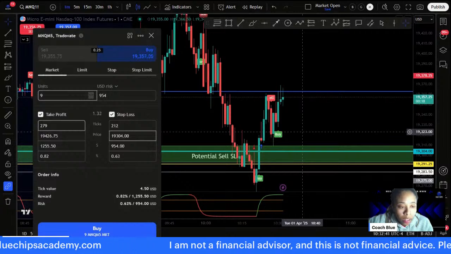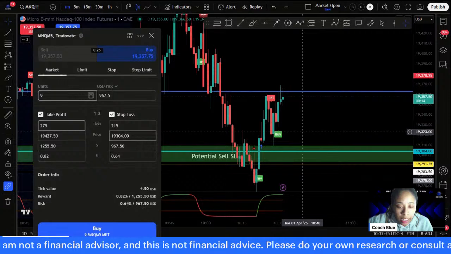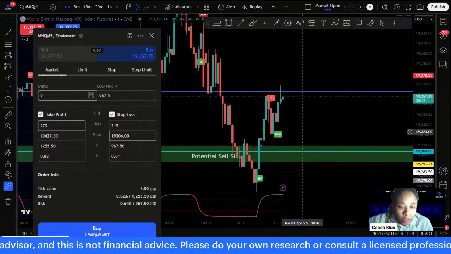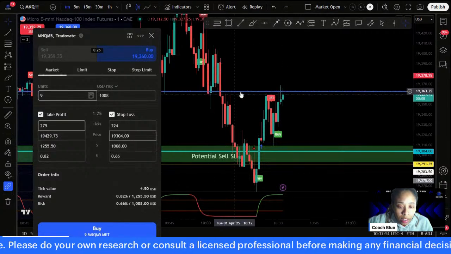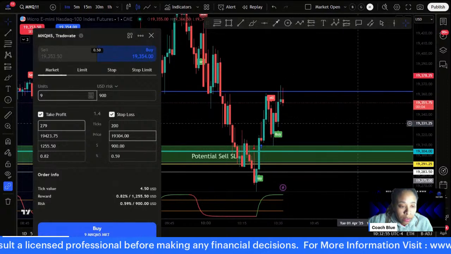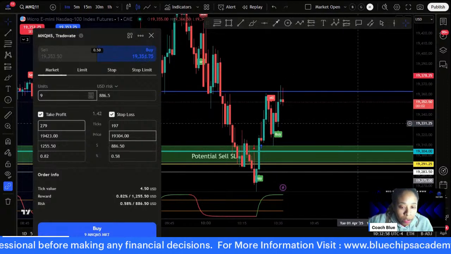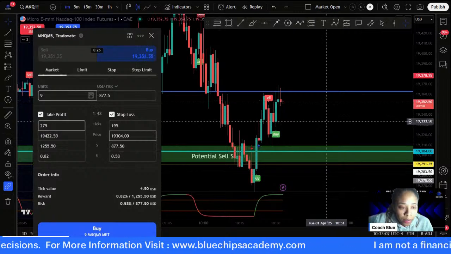Here we go. It's 15 seconds on this candle right here. Still nothing, right? So that tells me this is some resistance right here. The bulls have to push through this resistance.